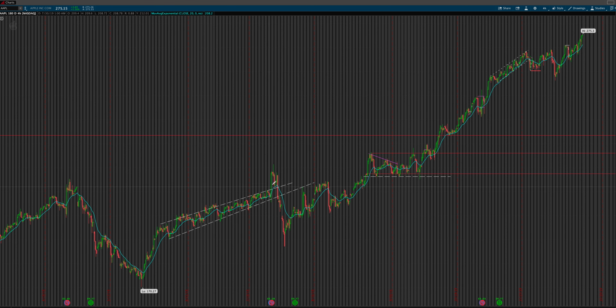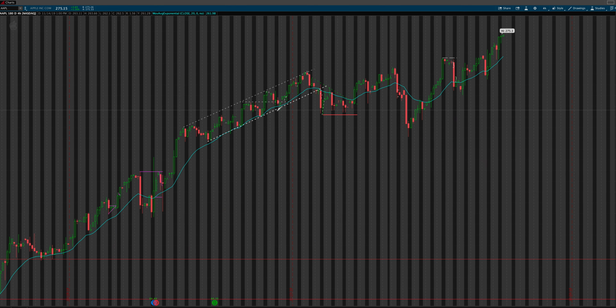It broke out of its resistance area and it had a huge push up. Also Apple had a support area, ended up breaking down from it, and so it was a bearish move.